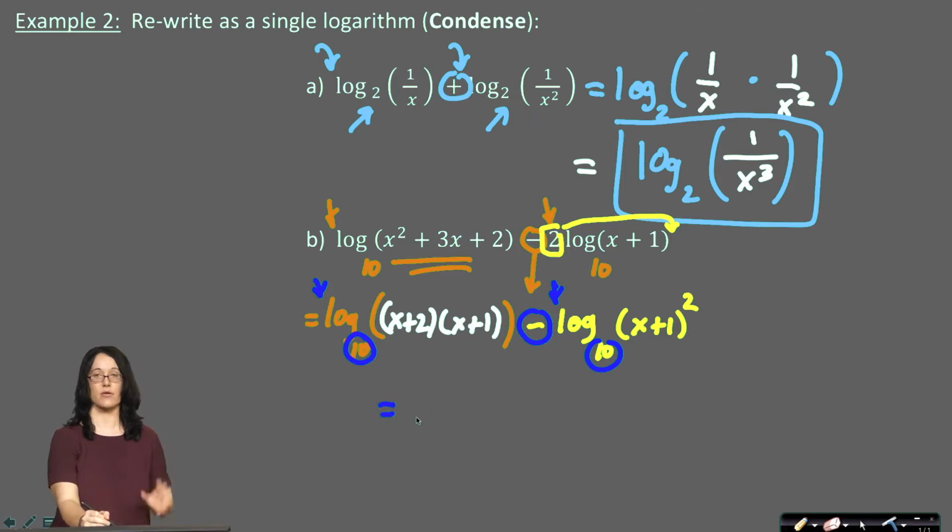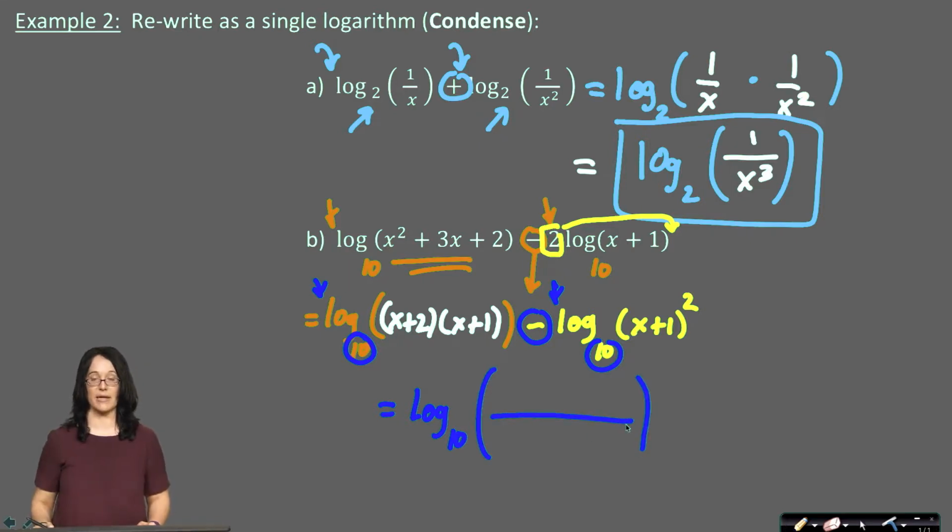So this condenses. Go ahead and pause it if you need to now, see if you get the same result as me. Log base 10 of, how do I condense subtraction? That's right, with a giant quotient. So it's not multiplication now, but it is division. So the numerator would be x plus 2, x plus 1. What would the denominator be if I spelled it out for my reader?